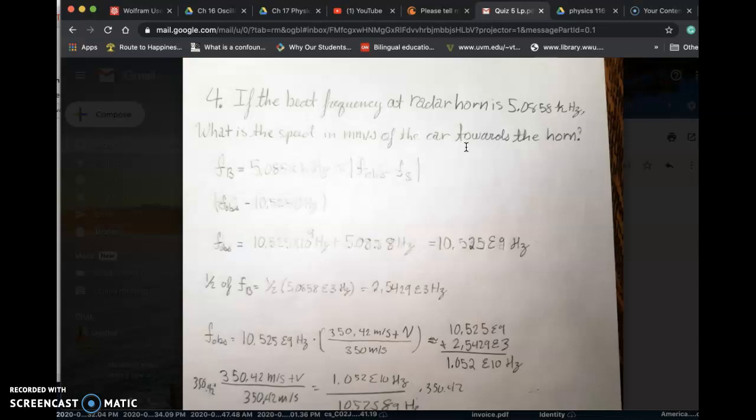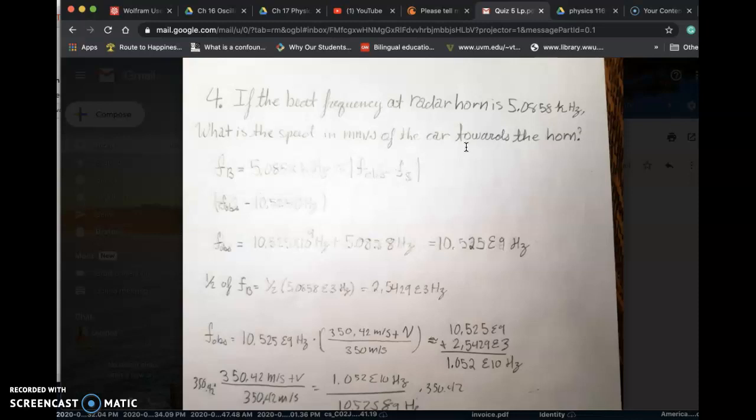So to get the answer, we take the F observed, which is 10.525 times 10 to the power of 9 hertz, plus the beat frequency, 5080 hertz. And then half of the beat frequency allows us to find the median range.